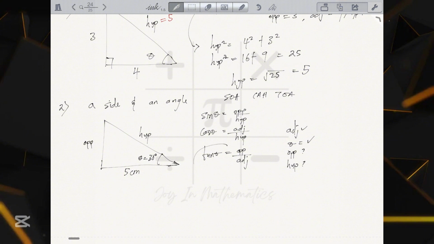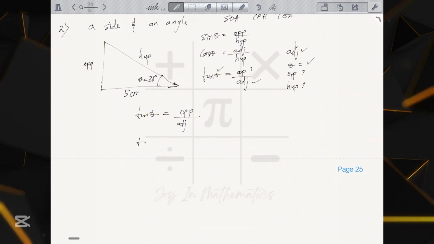We can use this formula to evaluate the opposite. I think that's the only formula we can use, because we are given adjacent and we want to evaluate opposite. So let's begin by evaluating the opposite. Tan theta is equal to the opposite over the adjacent. Theta is equal to 30 degrees, the opposite is unknown, and the adjacent is 5.